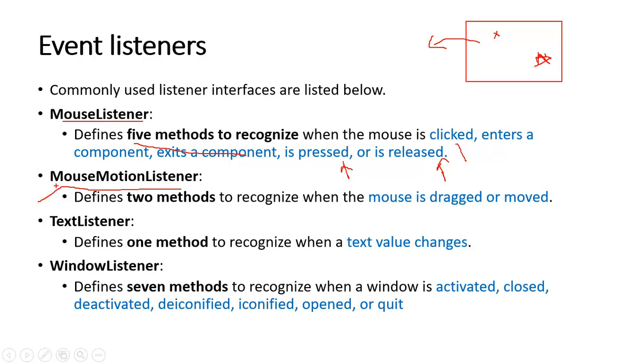Where do we use it? You use MS Paint for drawing something or Photoshop for drawing something. As you drag, a line appears in Photoshop or in Paint. How does that happen? You have this mouse dragged event that is being listened to by those programs.